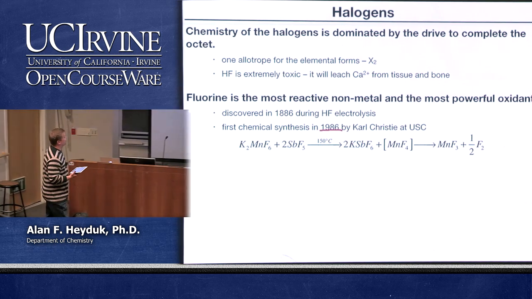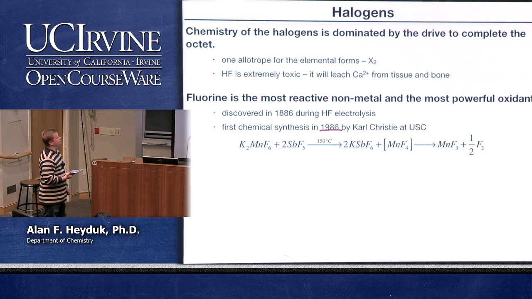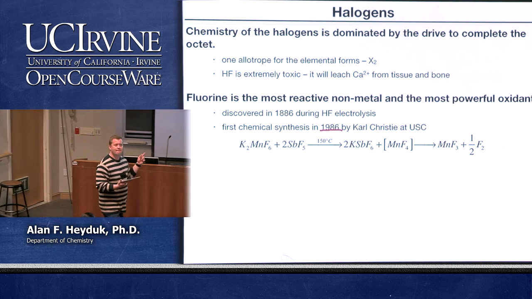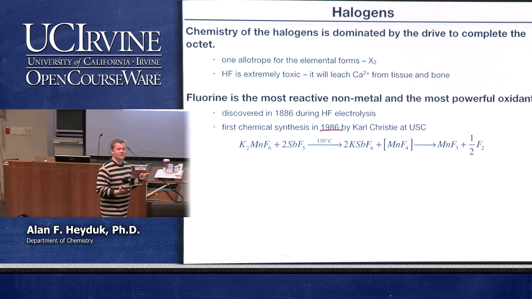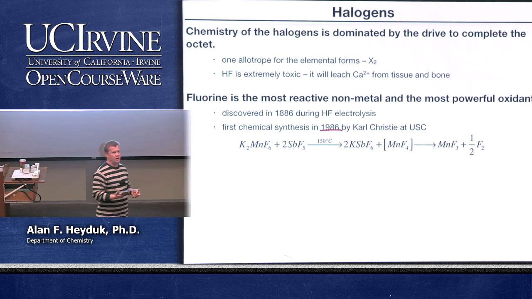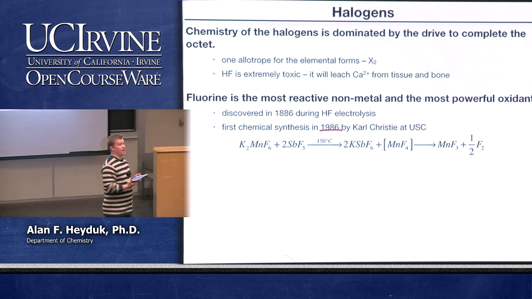So you can start with this dipotassium manganese hexafluoride, and you react it with antimony pentafluoride. We've already seen the antimony pentafluoride. Does anybody remember where? Superacids, exactly. SbF5 is an incredibly strong Lewis acid, and it really, really wants another fluoride anion.